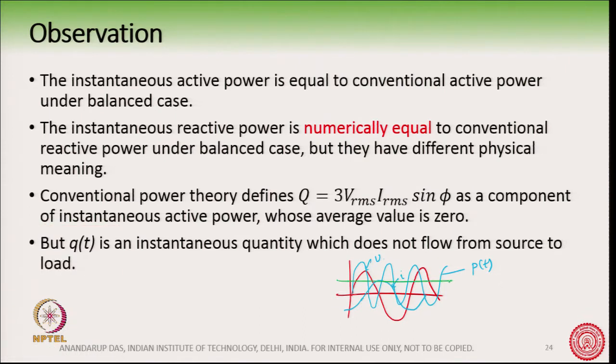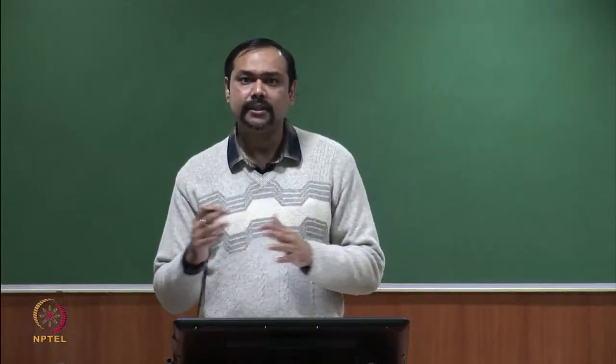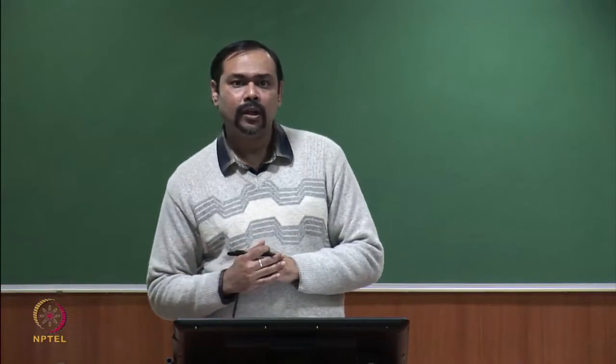The average of this PT we call the active power, whereas the oscillating part, which is this one, we call Q. So, we define Q as a component of this instantaneous power, the oscillating part which has 0 average value, whereas the average value of PT is equal to P, the net energy flow.